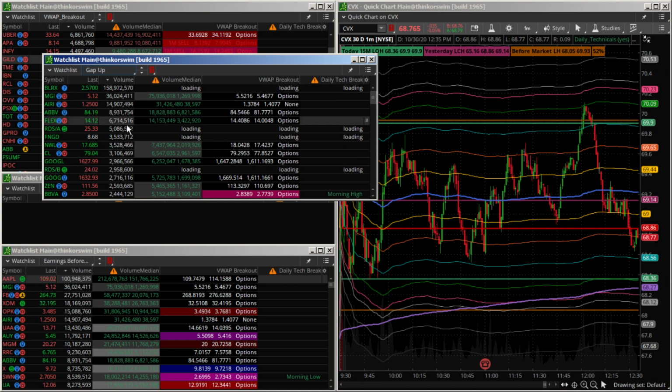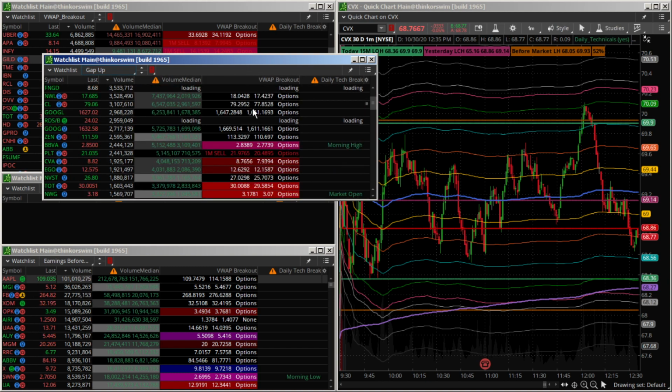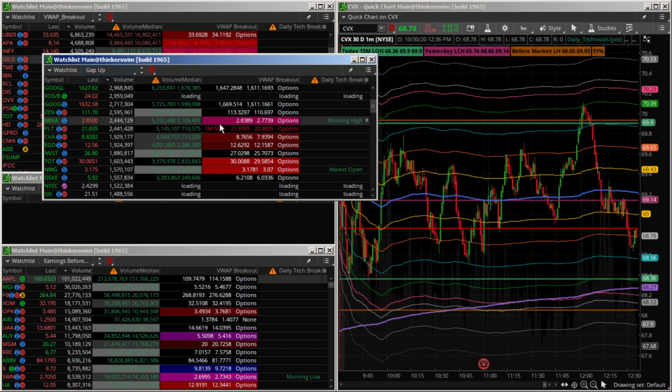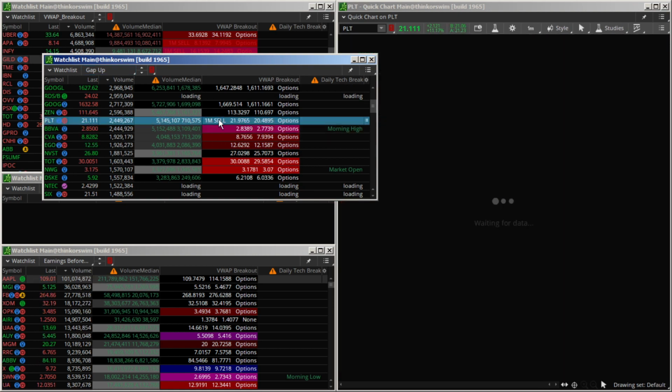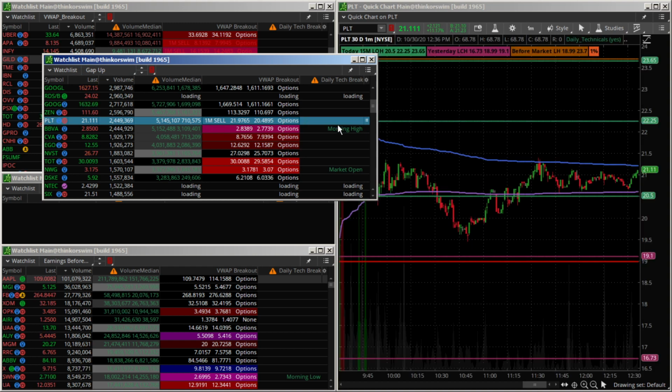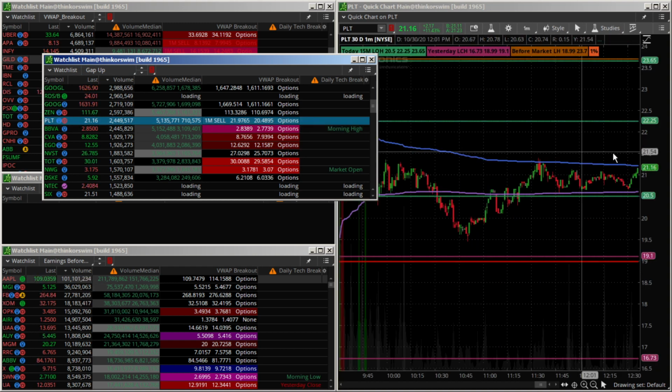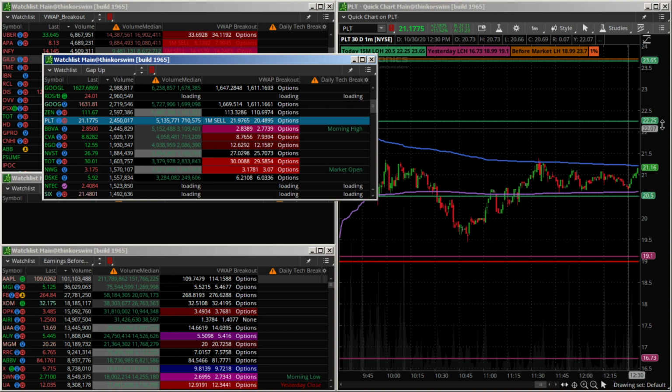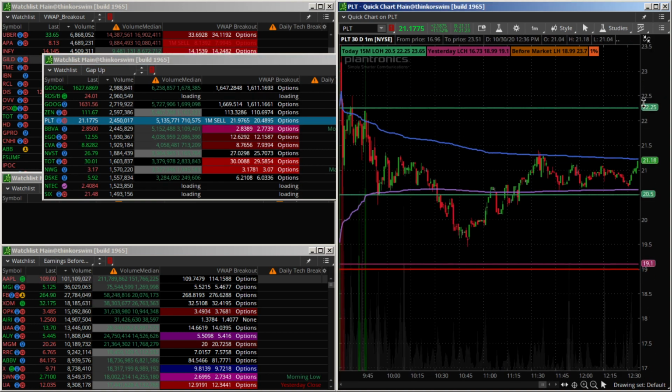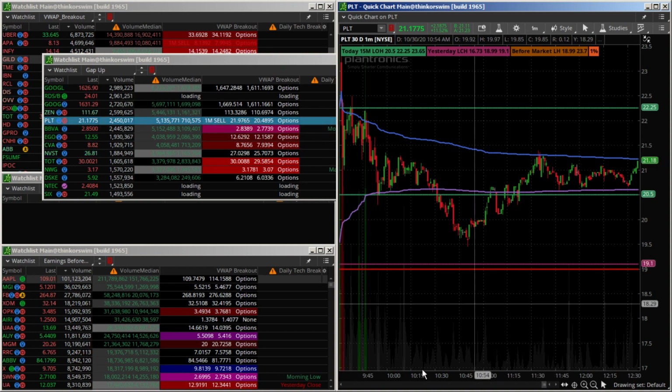So you have your list of gap ups, or you make your own watch list, and you can have the columns up on your side and just go through all your preferred stocks. So here we have PLT that is at the VWAP, crossing the VWAP. See, so now this will be its second touch. So let's see what happens there.